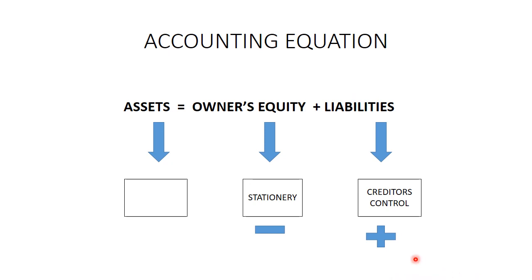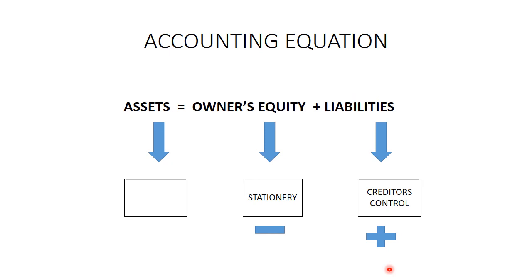So creditors control is being increased because we now have a higher creditors control balance simply because we continued to buy on credit. Therefore, let us say we bought stationery for 5,000 rand, it is going to be minus 5,000 rand plus 5,000 rand at creditors control, which will give us a 0.